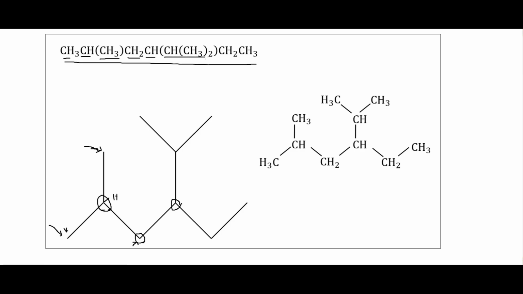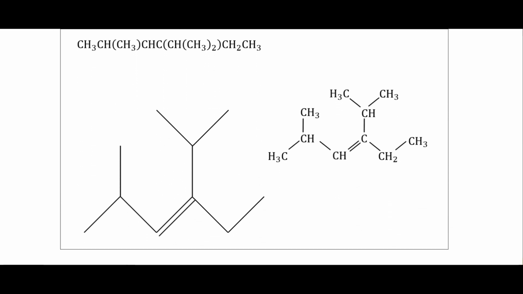So we see we have in parentheses this substituent, so we go up to this CH, which is that one right there. Then these two CH3s, which are that one and that one right there. Then we have the CH2, which is that one right there. Then this CH3, which is that one right there. And you can see that a little bit more explicitly in that drawing right there.